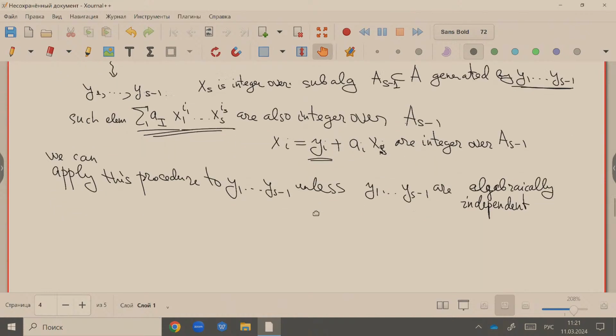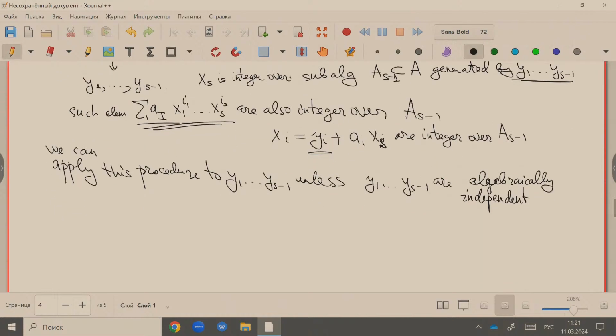So we have a system Ak, the algebra generated by the last collection of elements.